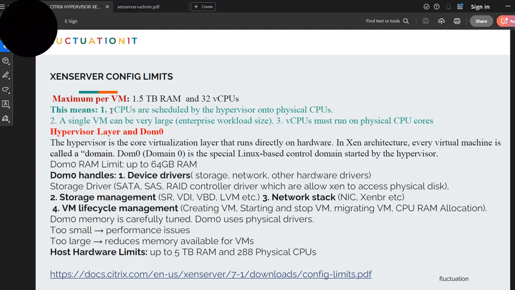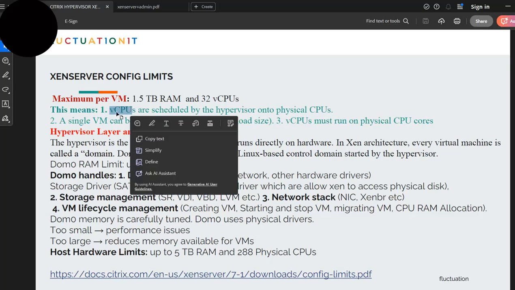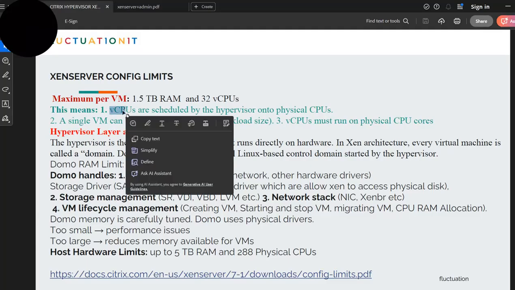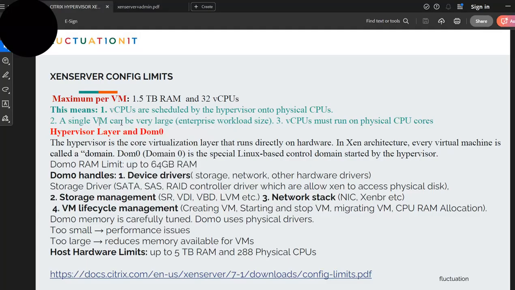Virtual CPUs are always scheduled depending on the load of the hypervisor, so the hypervisor automatically schedules virtual CPUs between the VMs. A single VM can be a very large enterprise workload size. Virtual CPUs must run on physical cores. I hope you are clear.